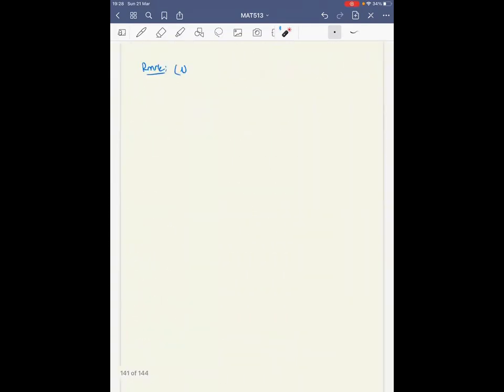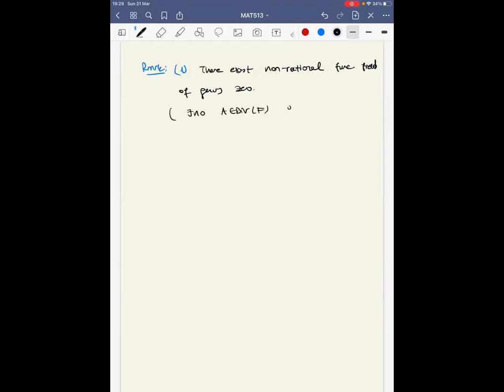Indeed, later we will see that there exist non-rational function fields of genus 0. So actually, thanks to this proposition 1.6.3, that means such function fields do not contain any degree 1 divisors.